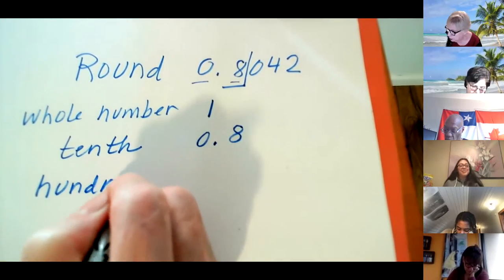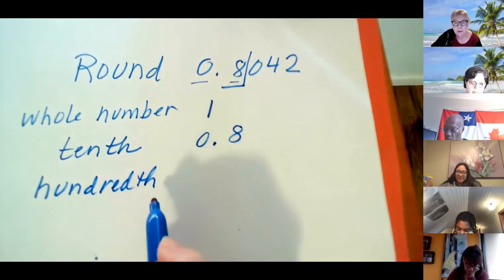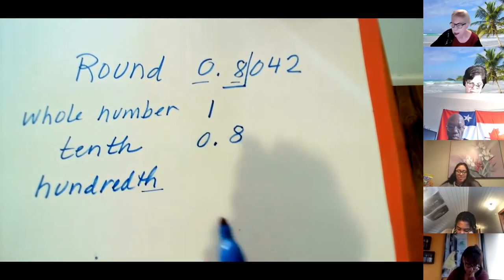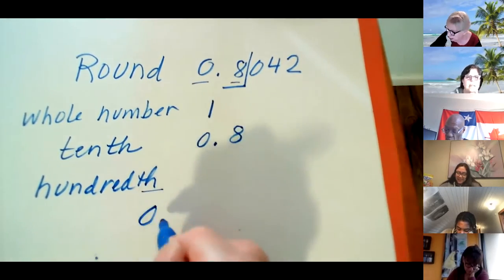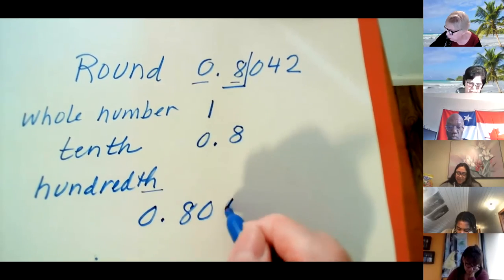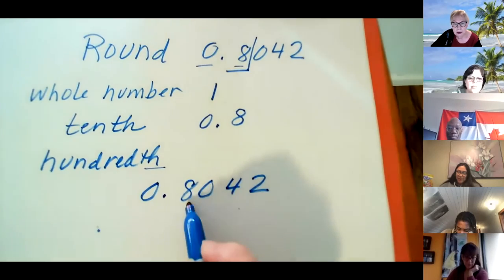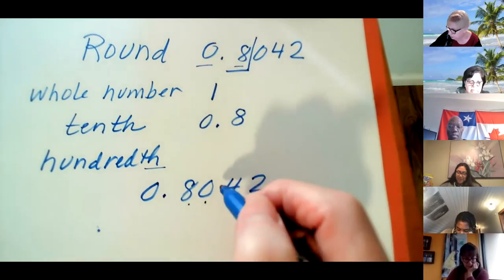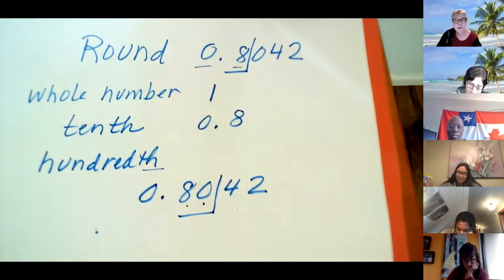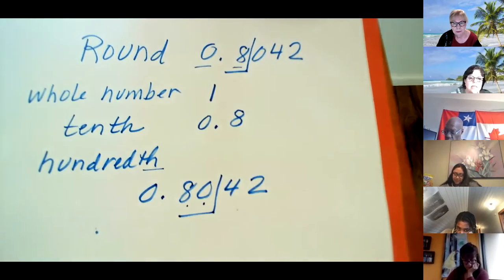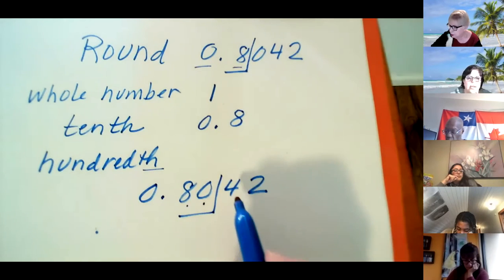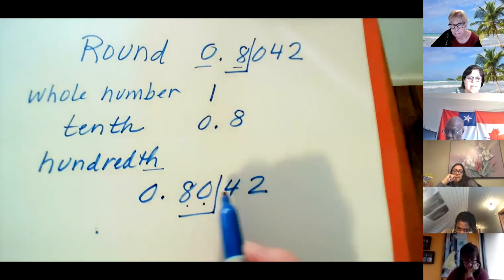Round to the hundredths. I think we're overloaded here. Round to the nearest hundredth place. So I'm going to write it again. 8042. Tenths, hundredths. Is this big enough to push this up?